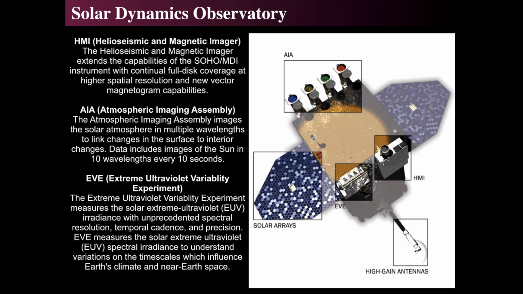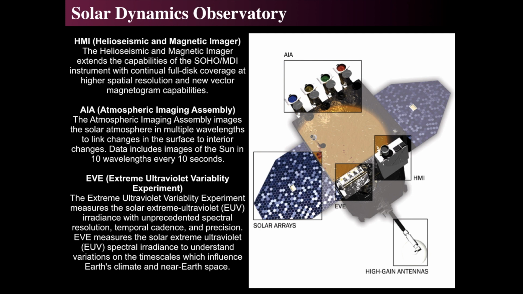It takes images of the sun in various wavelengths: 10 wavelengths every 10 seconds, or one of those wavelengths every second. So the Solar Dynamics Observatory is designed to see very fast changes in order to understand what the entire disk of the sun is doing. Previous missions, such as STEREO and SOHO, didn't have the cadence or potentially even the size of the Solar Dynamics Observatory.